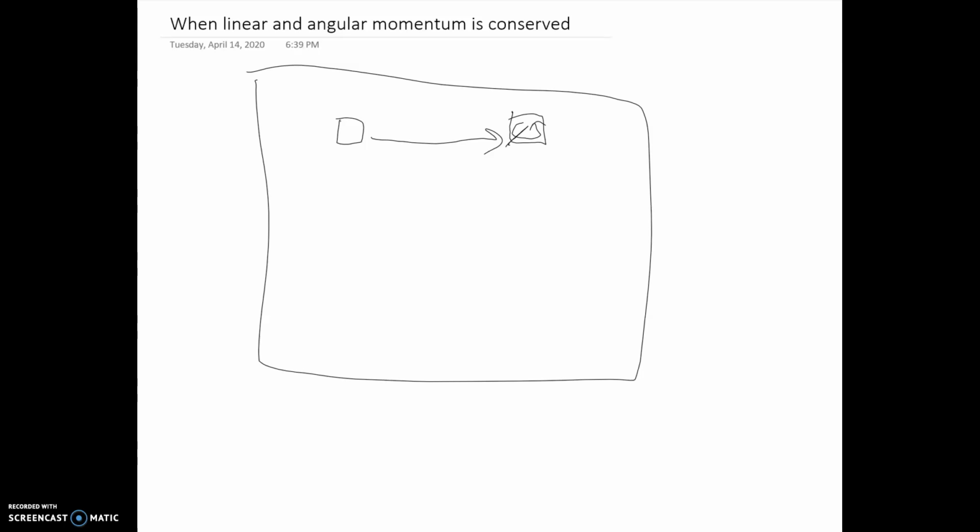The other block would probably spin the opposite way. So there'd be an angular momentum there too, and a linear momentum, because this block would probably still go forward, but not as fast, and this block would start to go forward too. So in this case, linear momentum is conserved, and angular momentum is conserved.